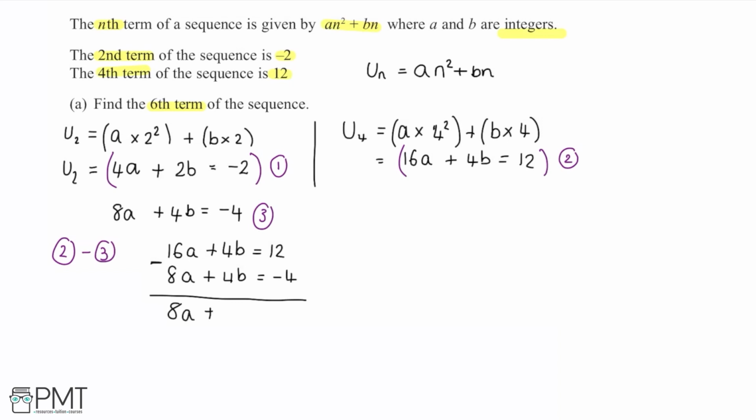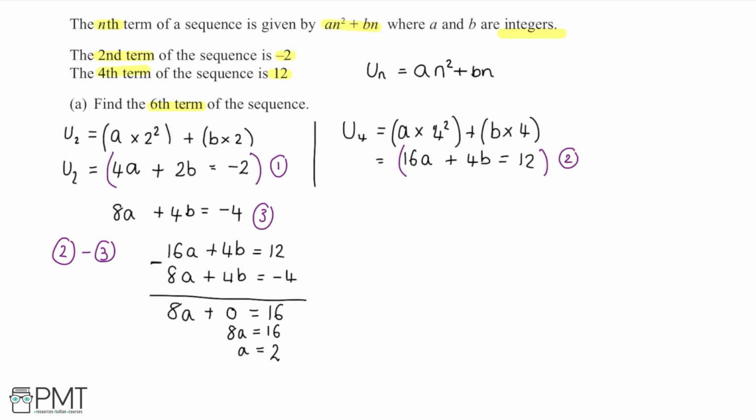And then we can do 4b minus 4b, which just gives us 0. And then on the right hand side, we have 12 minus minus 4, which is the same as 12 plus 4, because we're subtracting a negative. So 12 plus 4 is 16. So we have 8a is equal to 16. And if we divide both sides by 8, a is equal to 2.